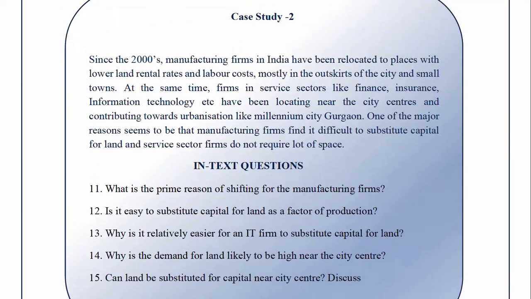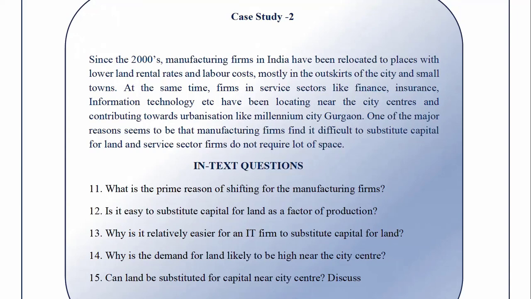Case study number 2. Since the 2000s, manufacturing firms in India have been relocated to places with lower land rental rates and labor costs, mostly in the outskirts of the city and small towns.